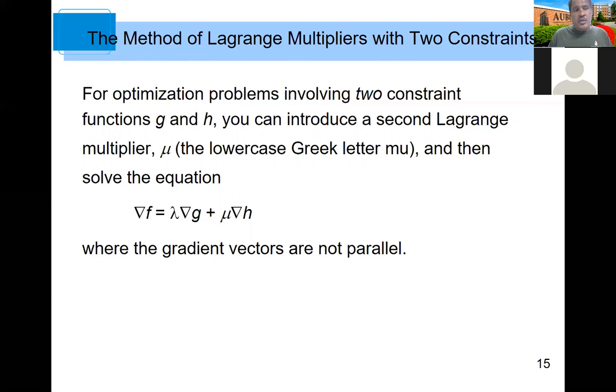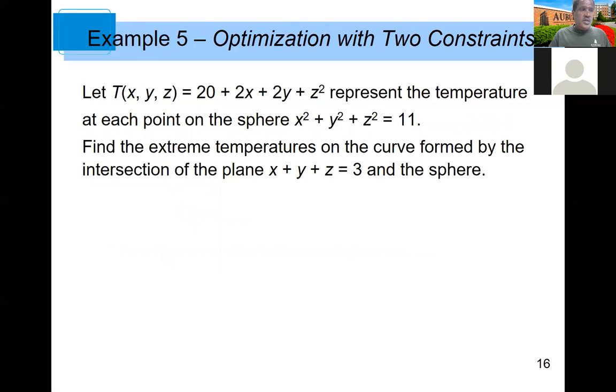If they are parallel, of course, then the problem becomes trivial. So in any case, that is the main difference. Now, the other thing is absolutely similar, but we will have two Lagrange multipliers to find when there are two constraints. Now, I'll simply give you one example on this, and then we will be done.